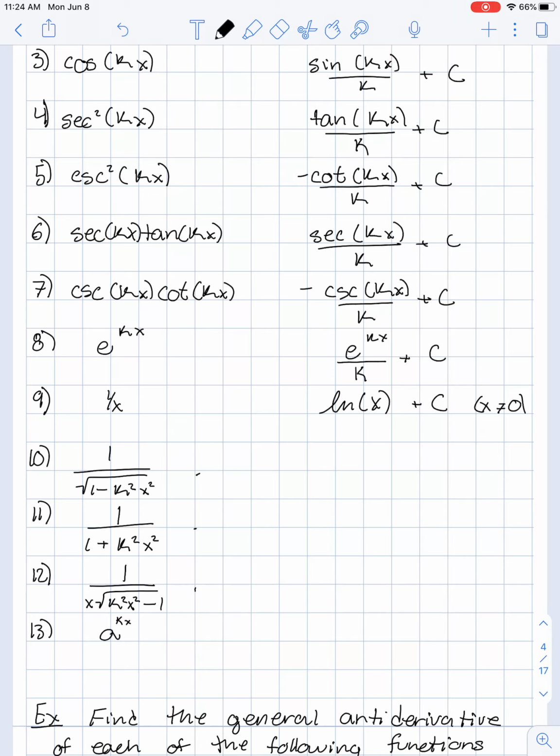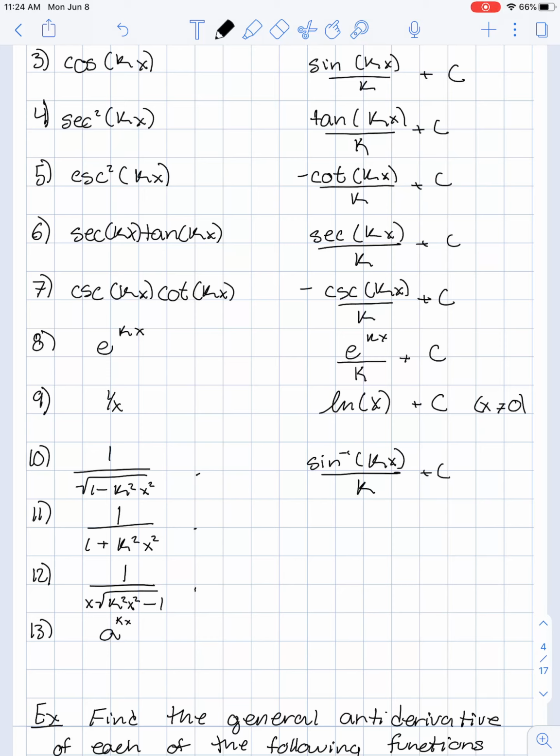So 1 over the square root of 1 minus k squared x squared, that is going to be the derivative of sine inverse kx divided by k plus c.